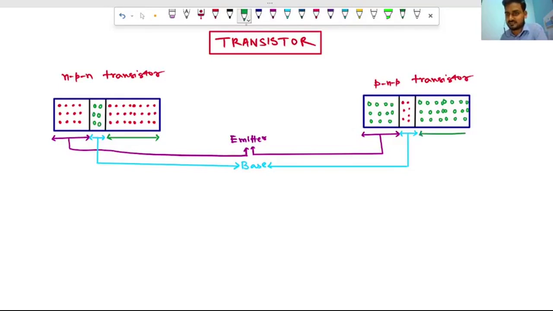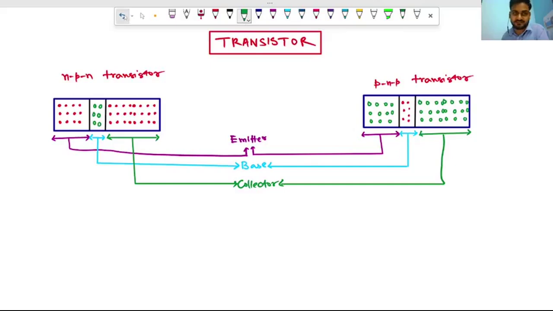The third segment is known as the collector. So I have shown you which one is collector, which one is base, which one is emitter. So emitter, base and collector.